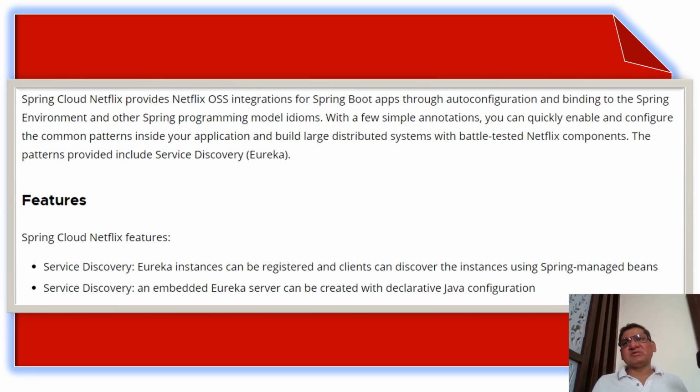The main features of Spring Cloud Netflix Eureka instances are that these instances can be registered and clients can discover the instances using Spring managed beans. At the same time, it has an embedded Eureka server, which can be created with declarative Java configuration.